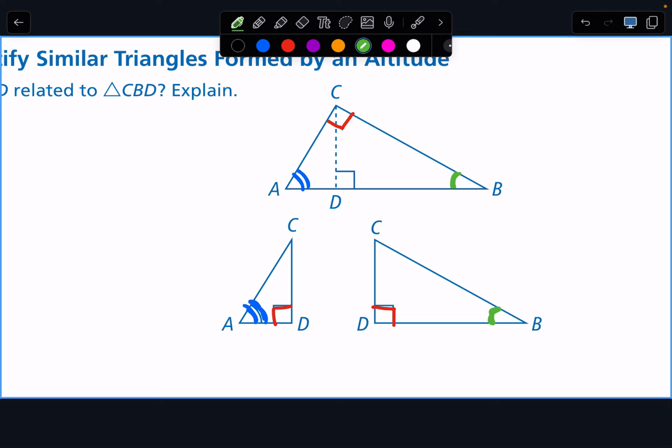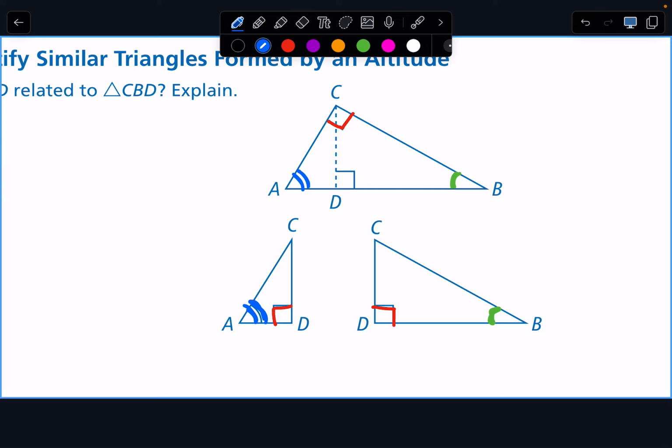Yes? This one has two of the same angles as this one, right? So do we know anything about this angle? Well, yeah, but it's not the same. It's this one, right? That one is the same as that one.